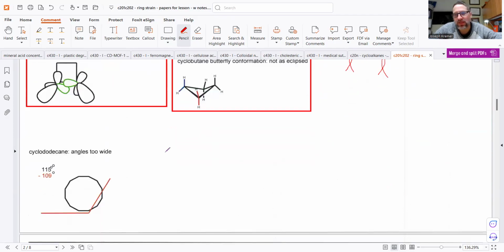And we do see angle strain. As I said earlier, the angles are too wide. What's the problem? Well, the orbitals will not meet head on. They'll meet at a glancing blow. Orbitals not efficiently overlapping means weaker bonds.